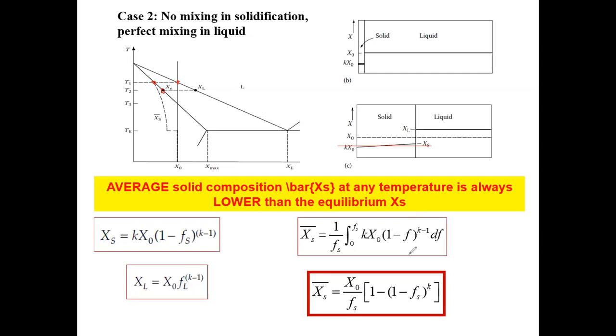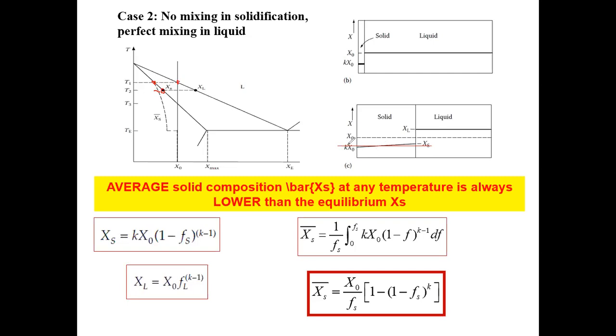This xs is an average composition in equilibrium. Now I have a non-equilibrium case, but I can nonetheless still map the average composition of the solid to the phase diagram. At temperature T2, I know this is the solid region, and from the solid region I know there's a distribution of solutes. I know the mathematical form for the distribution, so I can integrate to get the average composition for the solid at this temperature.